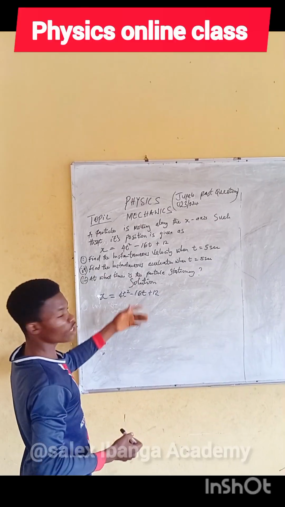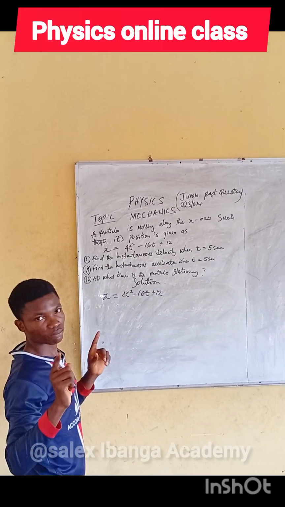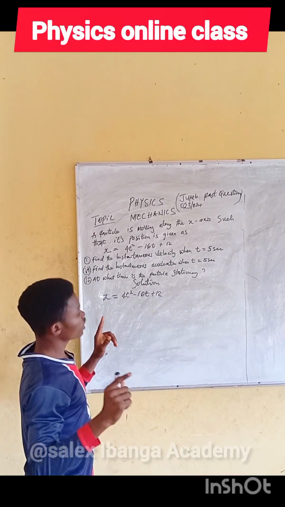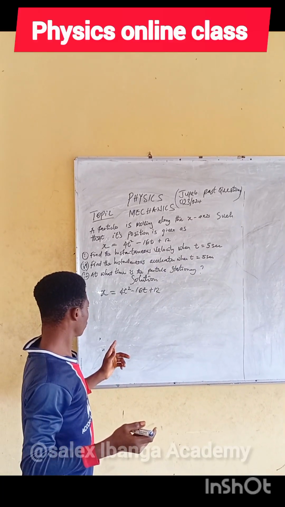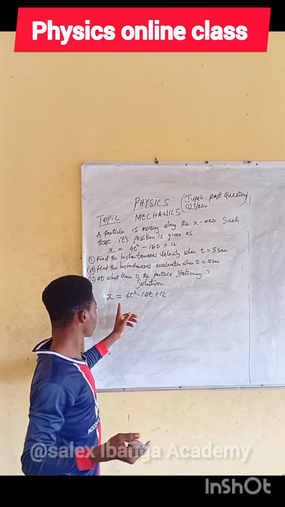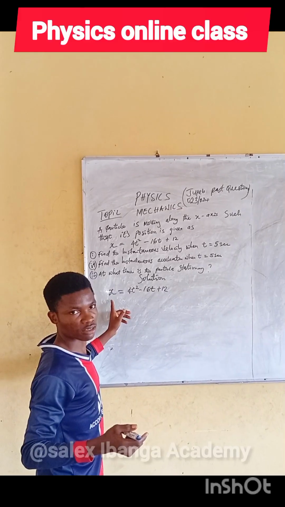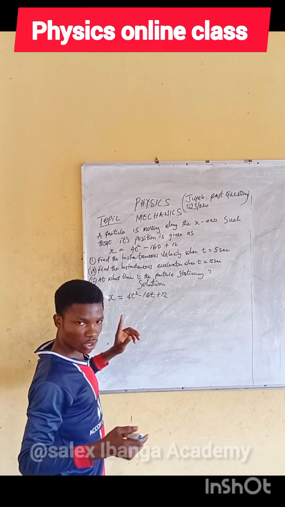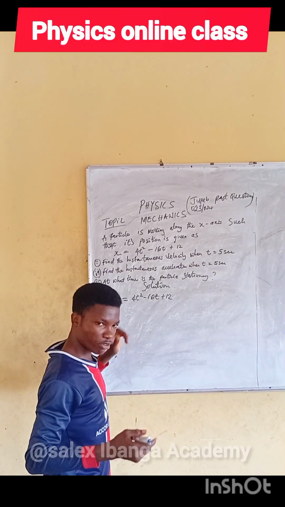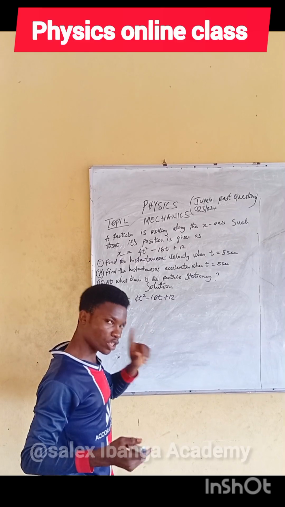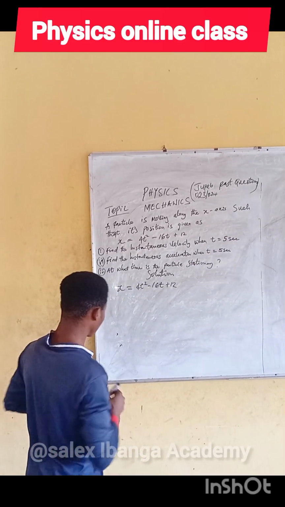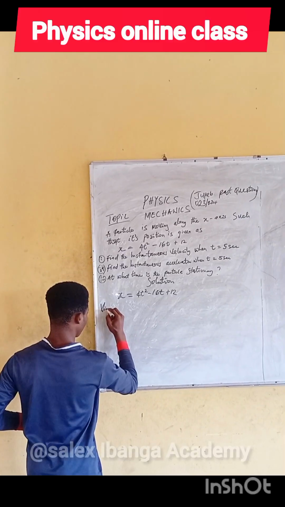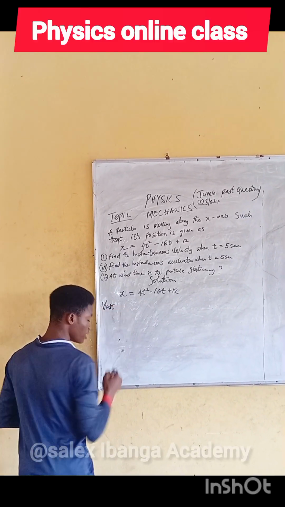Remember, when I'm talking of instantaneous velocity, what do I mean? I mean differentiate distance or displacement with respect to time. When I'm talking of instantaneous velocity, it means the first derivative. So what do you do? Instantaneous velocity, v instant.